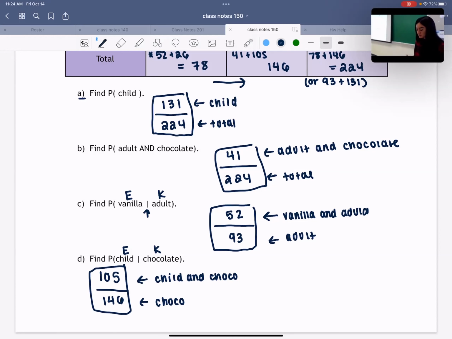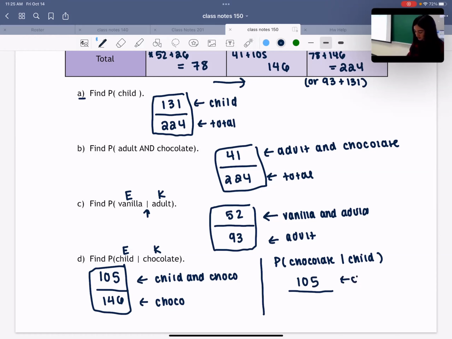The order in which E goes first and K goes second actually matters, okay? And the way I know this is because what if I wanted to find the probability of chocolate given child? If I found this one, chocolate and child would go on top, which is what value? 105.